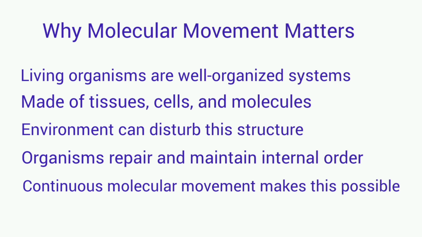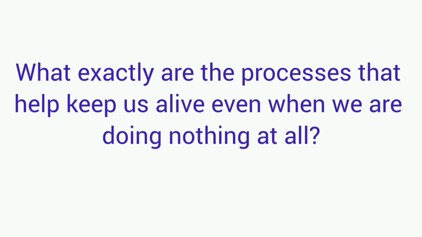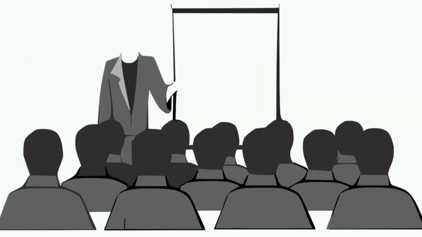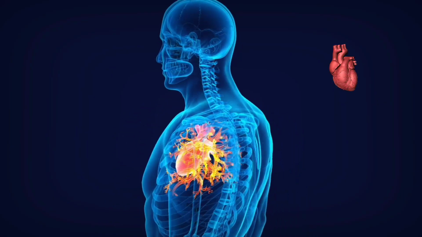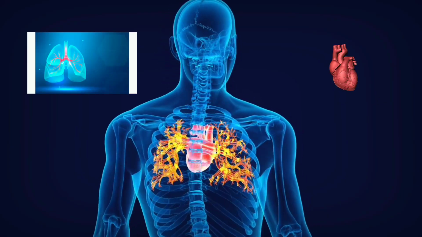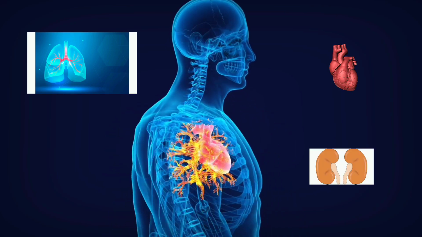Now that we understand how living beings need to constantly repair and maintain their internal structure, what exactly are the processes that help keep us alive even when we are doing nothing at all? Even when you are just sitting quietly in class, or even when you are fast asleep, your body is still working silently, keeping your heart beating, lungs breathing, cells repairing, and waste being removed.